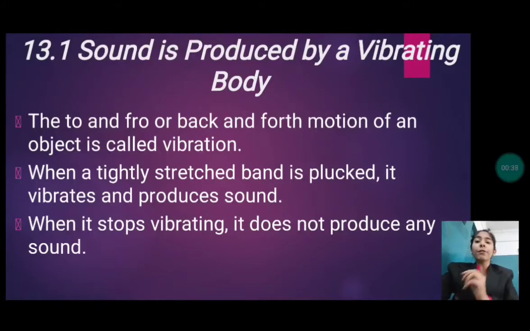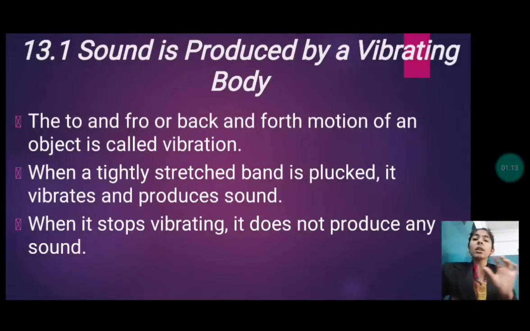So the to and fro, or back and forth motion of an object is called vibration. So what is vibration? To and fro, back and forth. The motion that goes back and front, or right hand side and left hand side, in any way, to and fro, or back and forth.